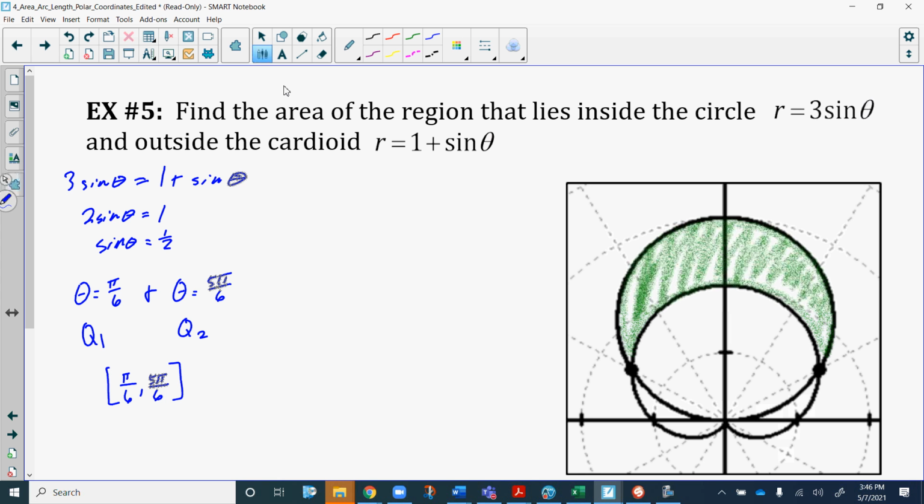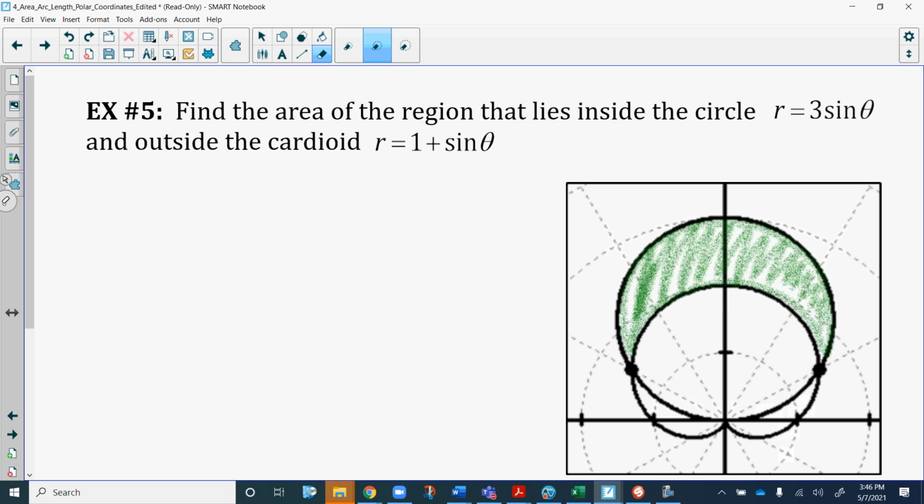Now this is going to be very similar to things that we have seen previously with the area contained between two curves, where we're going to subtract the bottom one from the top one. So I'm actually going to take the circle and I'm going to subtract the cardioid from it for my integral here. So my area in this case, we're going to go back to the 1/2.